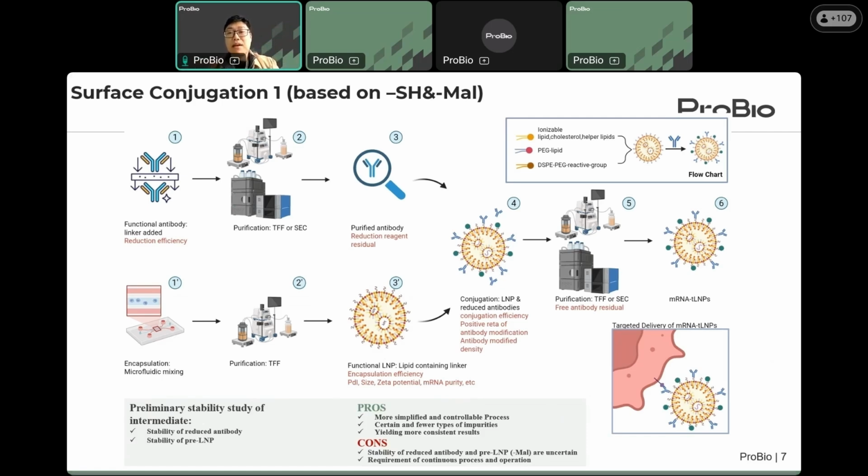We suggest you do the conjugation as soon as possible. Also, you need to run this as a continuous flow, so you have to carry out one or two days of continuous production, which is going to be tiring for your personnel.